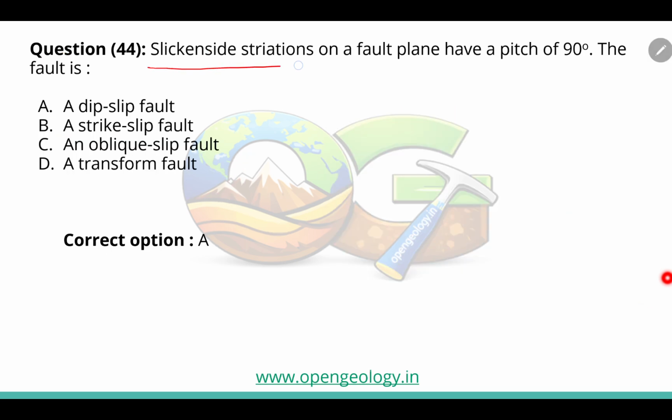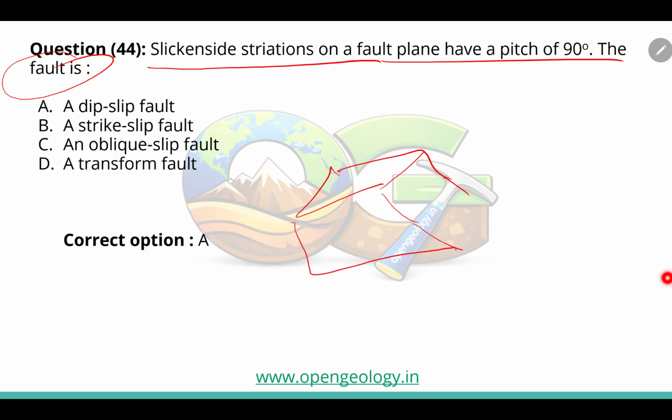Another question: slickenside striations on a fault plane have a pitch of 90 degrees. Then what will be the fault? Let's say this is a fault, and these are the striations.